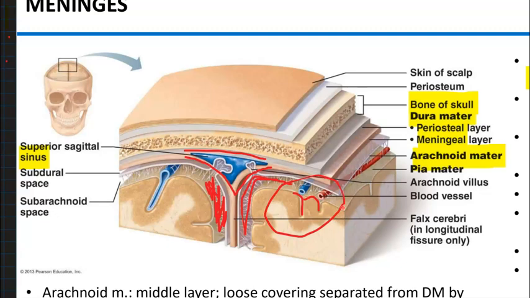This is pretty dangerous because blood will exert pressure on the brain, disrupting its function. The problem with subarachnoid bleed is that it's often hard to diagnose. There are examples of people who felt pretty much fine and passed away a few hours later because the bleeding developed so fast.